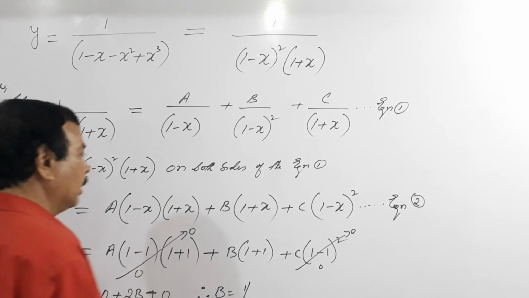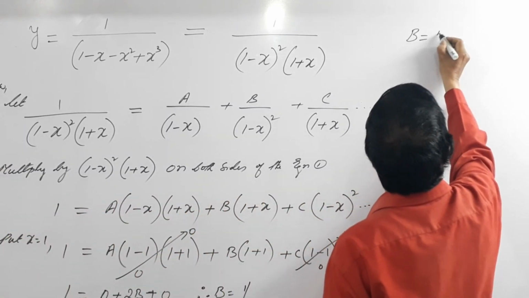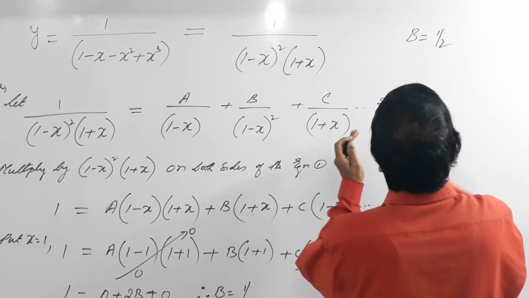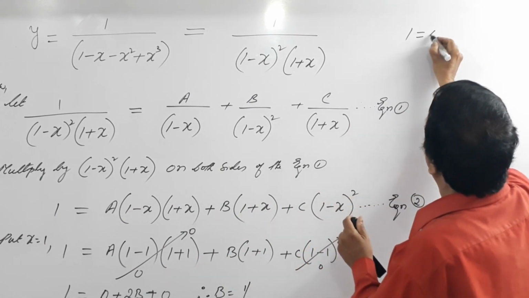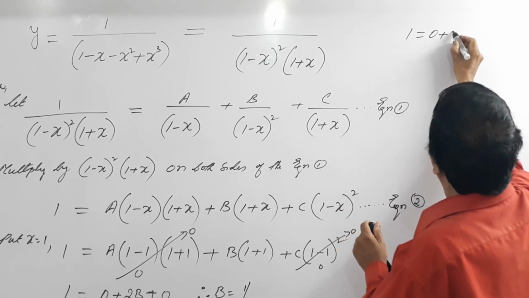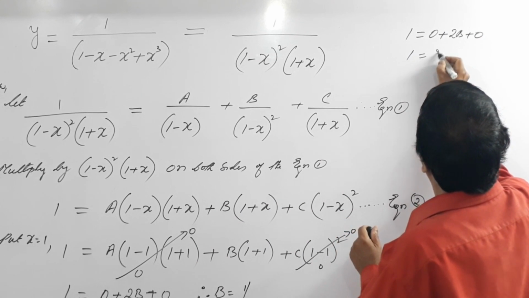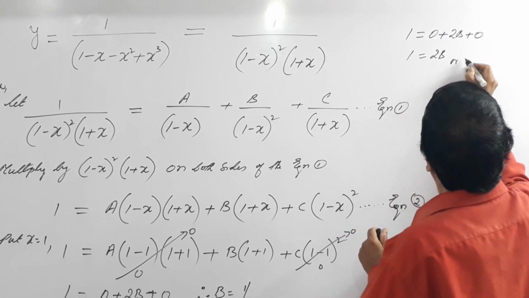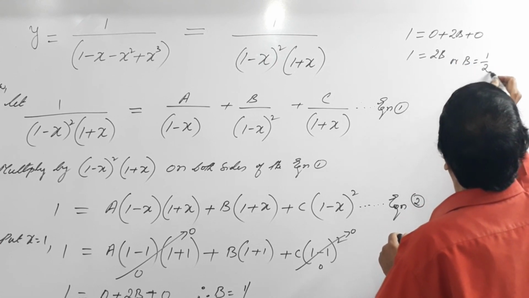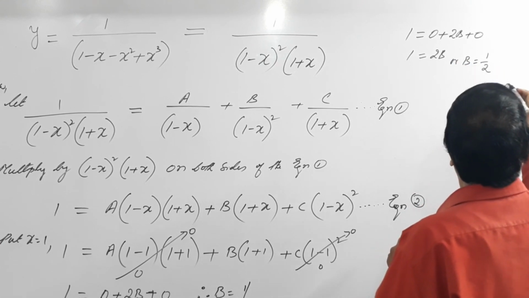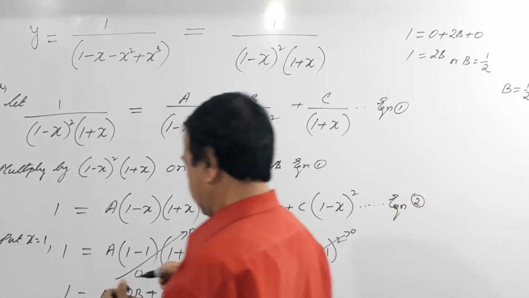So b equals half. I write here b equals to half. You have 1 equals to 0 plus 2b plus 0, that is 1 equals to 2b, or b equals to 1 by 2, so this becomes half. Therefore, b equals to half. Done.